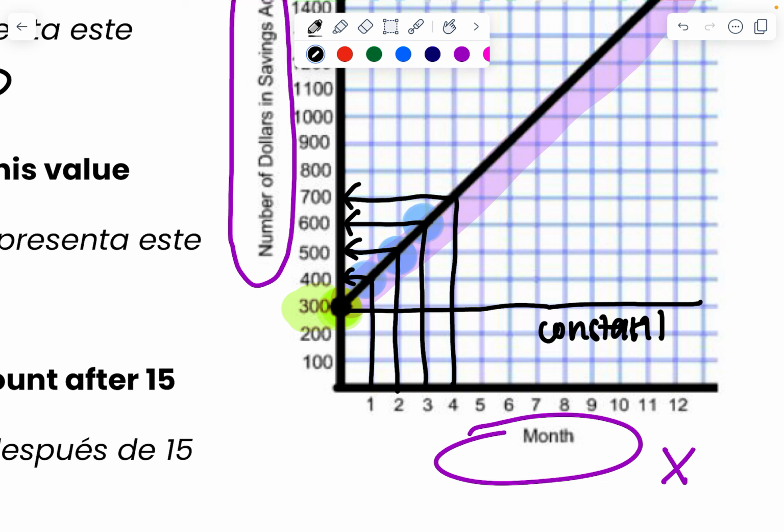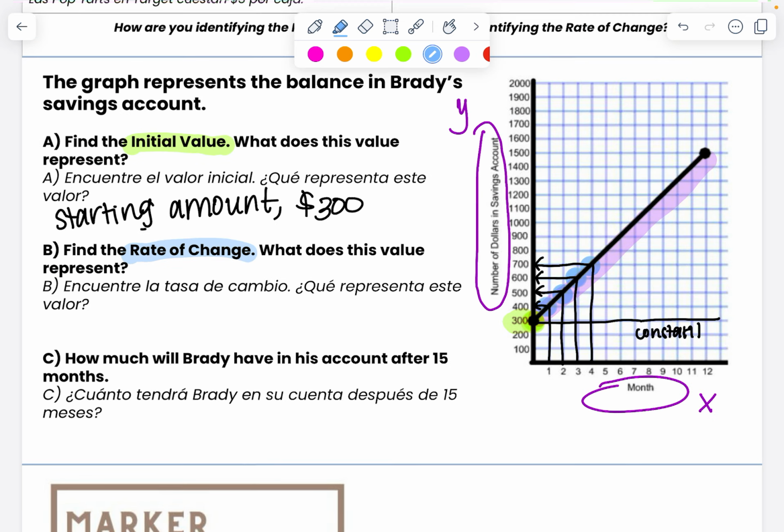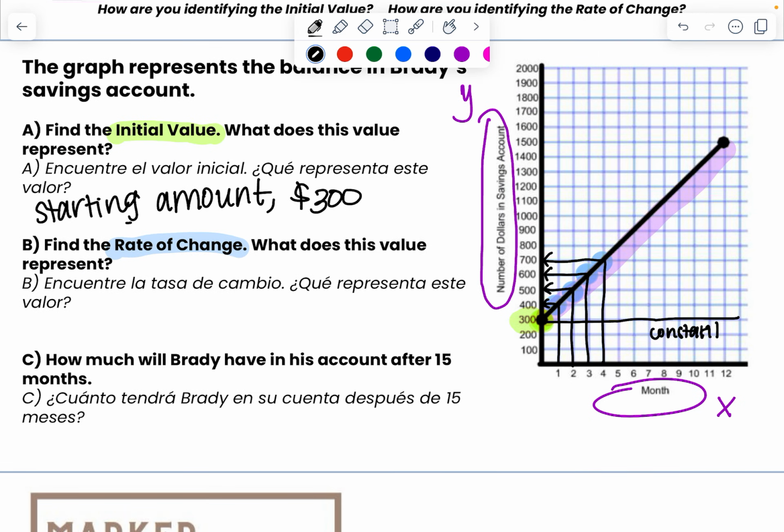So now that we know all of that, how much is his account going up every single month? It started at 3, then it went to 4, then to 5, then to 6, then to 7. Every single month, his account is going up by $100.